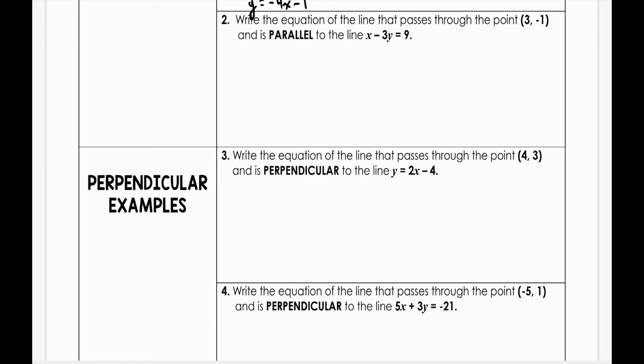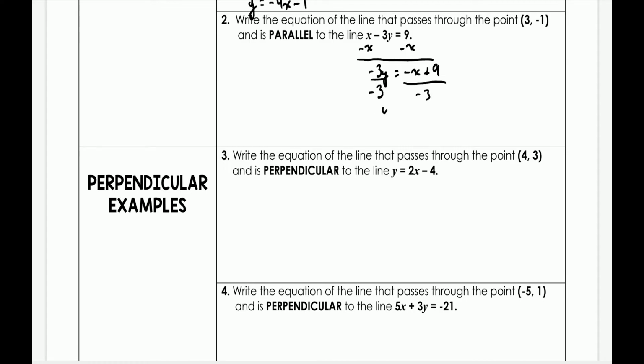So we will have to subtract x from both sides. That leaves us with -3y is equal to -x plus 9. Then we have to divide everything by -3.